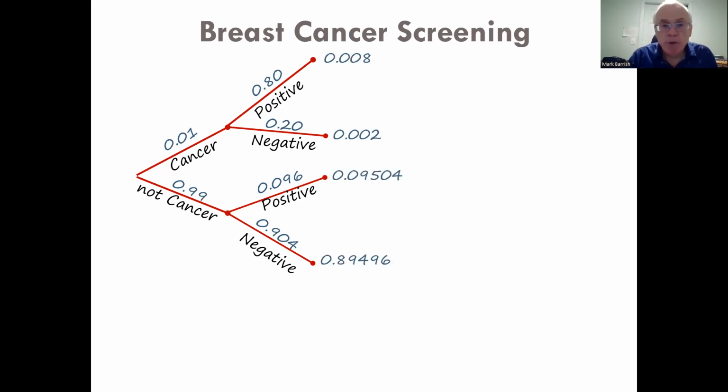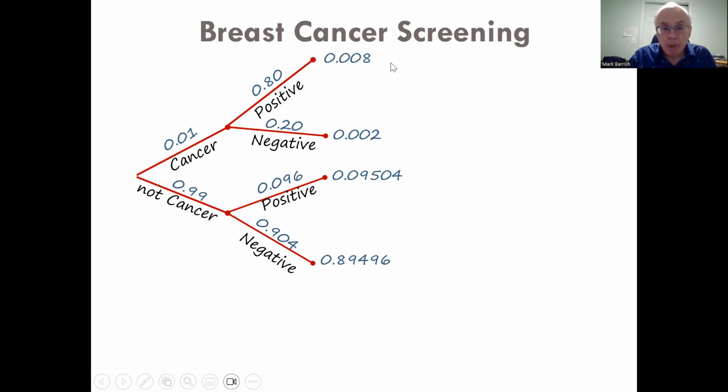Now we simply multiply through using the multiplication rule. And this number here, 0.008, is if we pick a lady at random, a 40-year-old lady, or person over 40 at random, who does have cancer and did get a positive result from the mammogram.